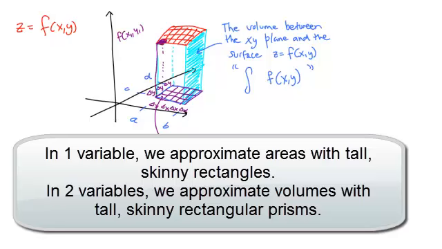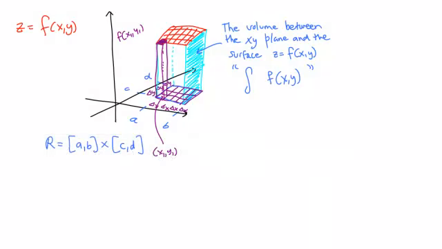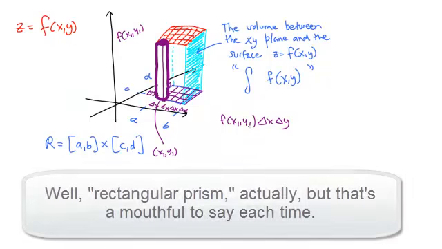Connect it back down to my base, and I'll have a single rectangle here. We can compute the volume of this rectangular piece by using the formula length times width times height. Now, the length of this rectangle is delta x, its width is delta y, and its height is how tall it is, that's the height f of x1, y1. So that would represent the volume of the very first rectangle.